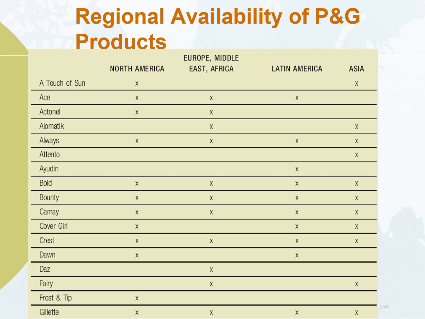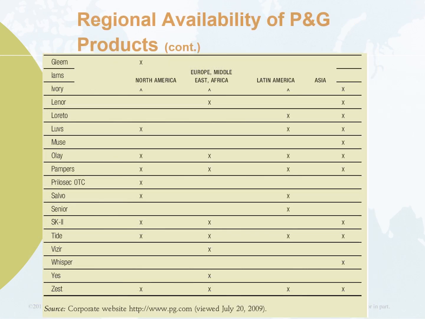Not many. There are a few like Bold, Bounty, Camay. They are available in all countries. Crest Tartar Control toothpaste is available in all countries, all regions, but not all of the products are. Like this one here, Atento, only in Asia, but not in others. You can see their adaptation. Here, Ivory soap is available everywhere.